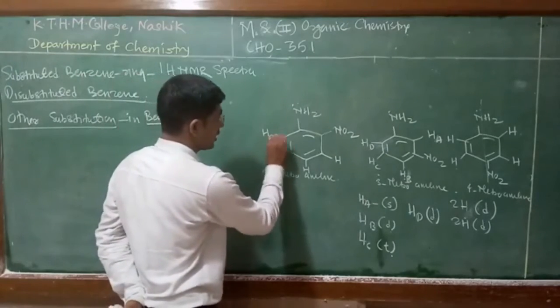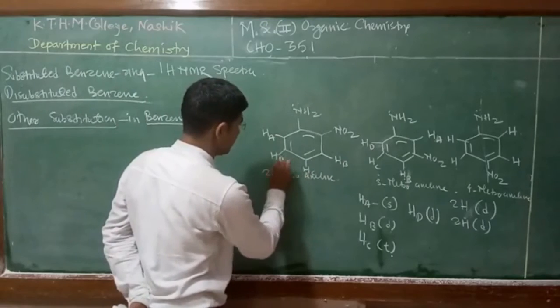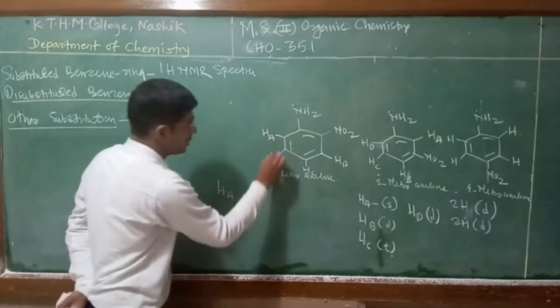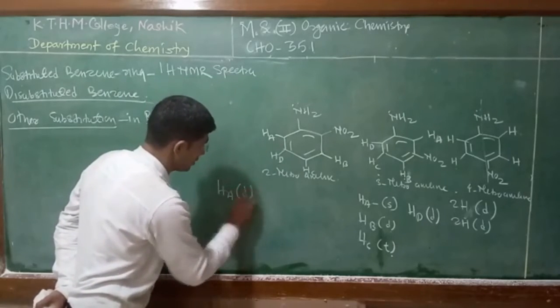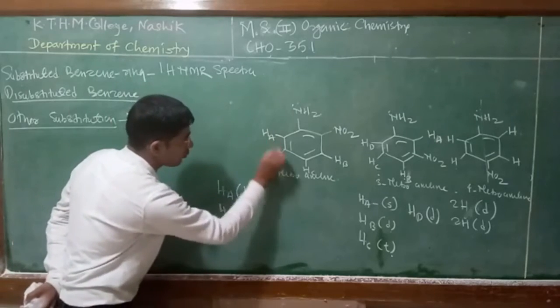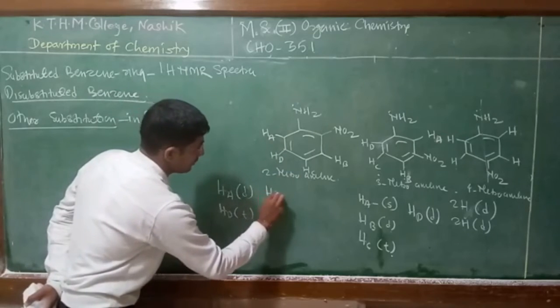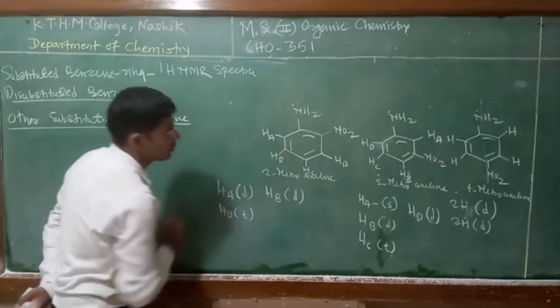In the same way we can write for 2-nitroaniline, Ha, Hb, Hc, Hd. Ha is coupled with Hd, so the signal is a doublet. Hd is coupled with the other 2 protons, so a triplet. Then Hb is coupled with Hc, so it gives a doublet.